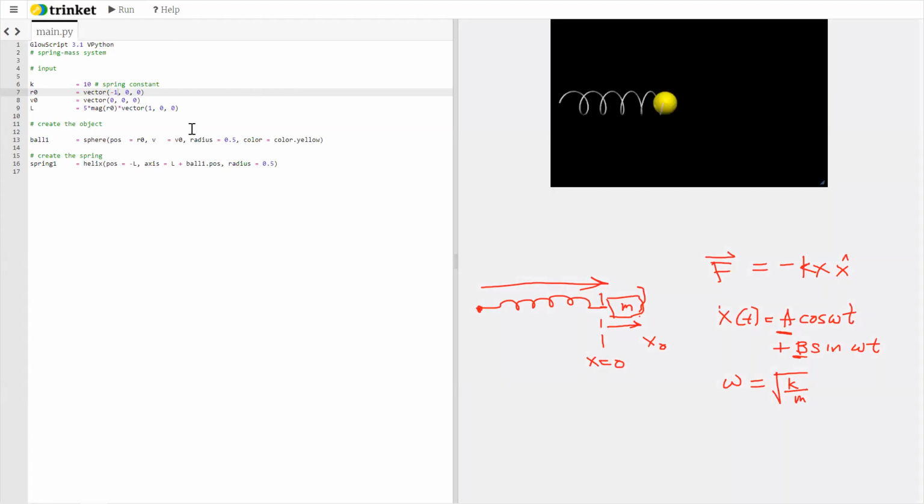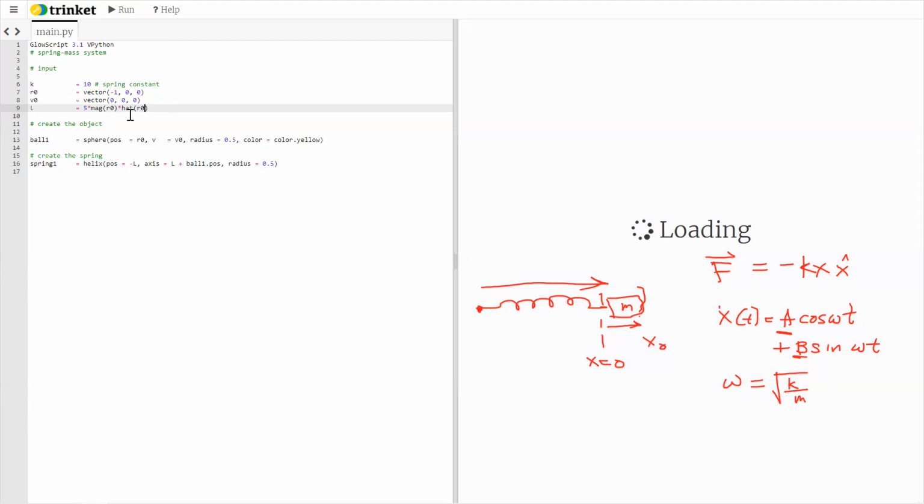It is different when you define the length in the direction of the displacement, R0.